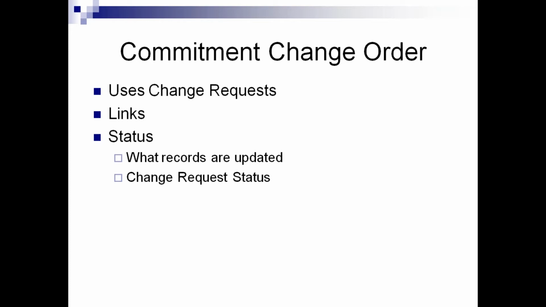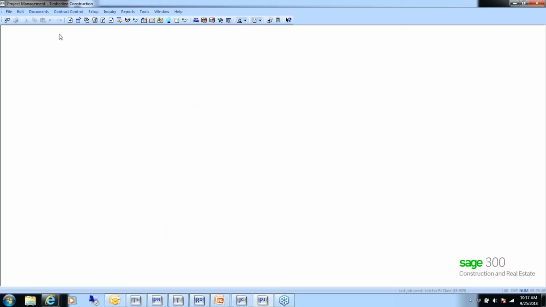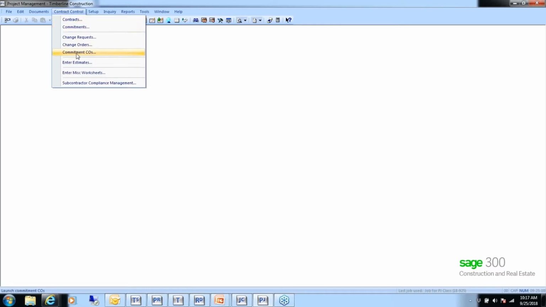Also, you can use a change that started out as a change request and turn it into a commitment change order, or you can go straight to commitment change order and create it there on the fly. So let's jump back in and take a look at the commitment change order screen.